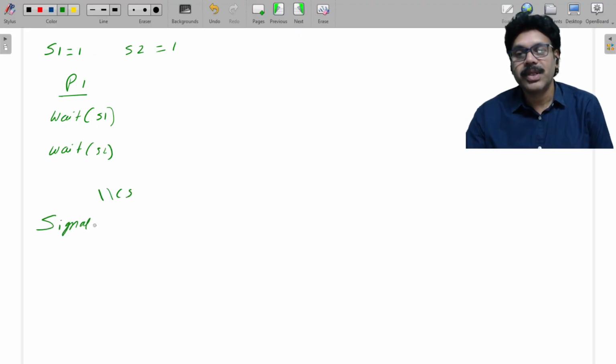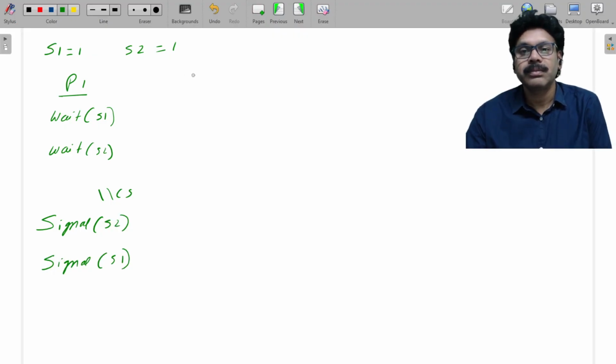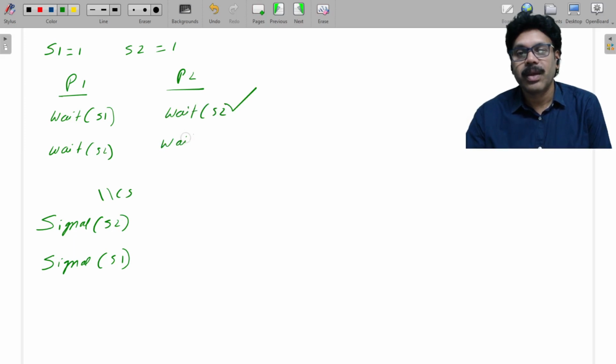While releasing, it says signal of S2 and signal of S1. So P2: wait of S2 and wait of S1, critical section, and signal of S1 and signal of S2.